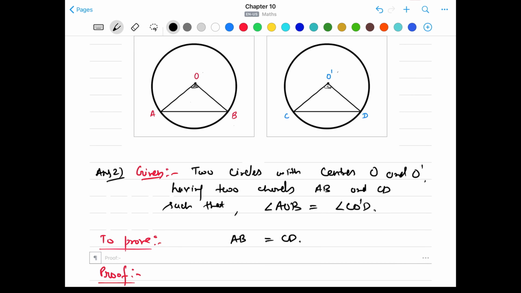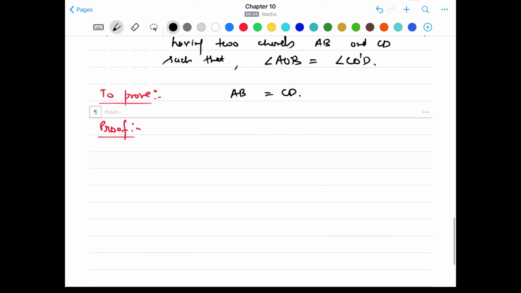Again we are going to start with the two triangles AOB and CO'D, and we will try to prove them congruent by using the side angle side congruence rule.